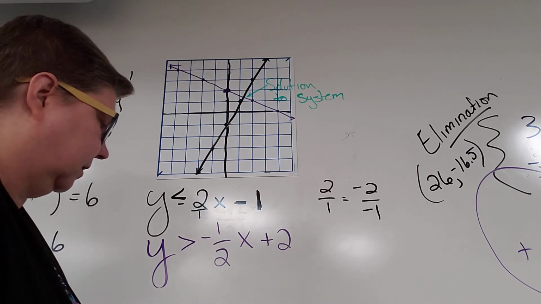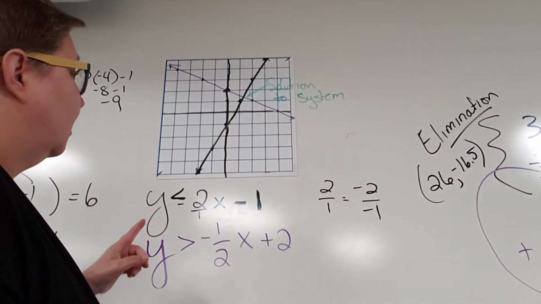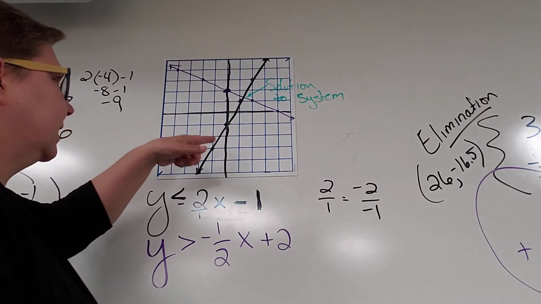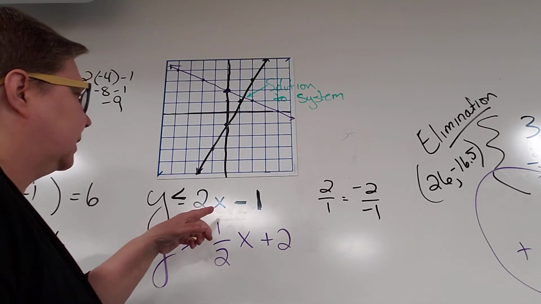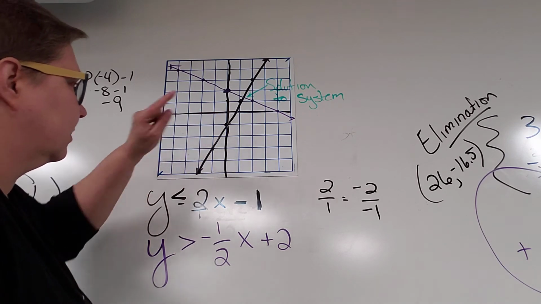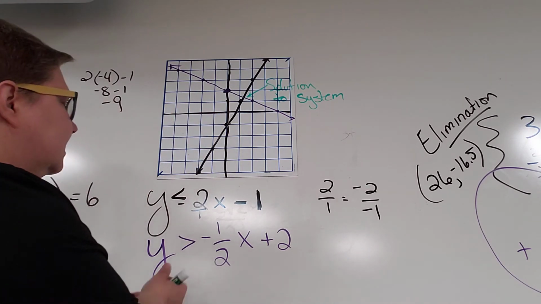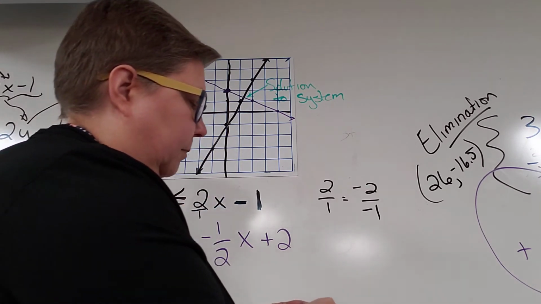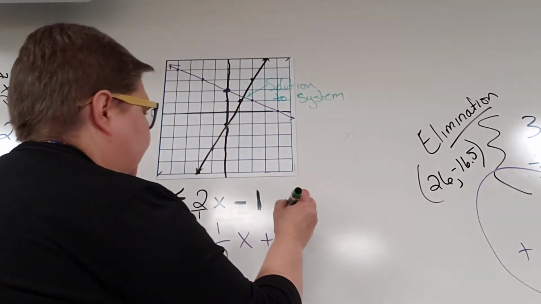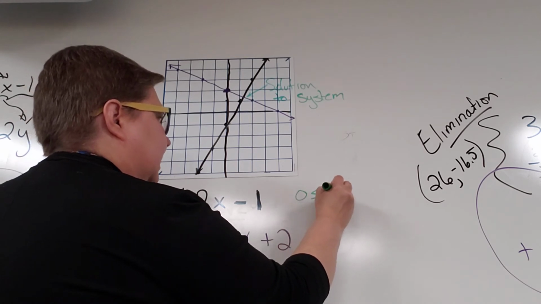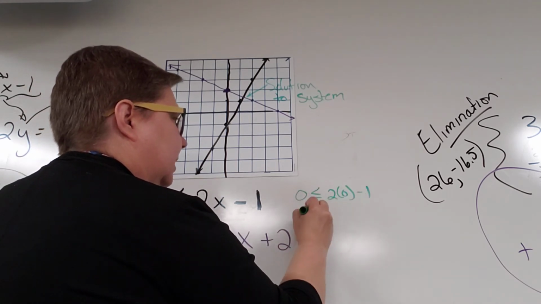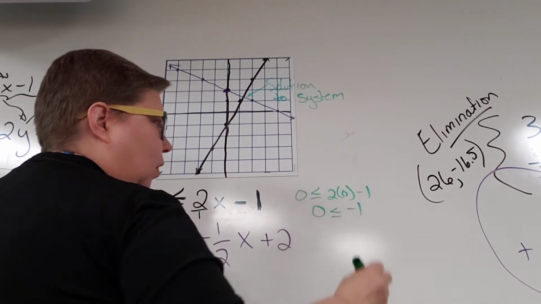So first of all, you would plot the line, which I did up here in black. Then I would pick a point not on the line, like 0, 0, and plug it in. I get 0 is less than or equal to 2 times 0 minus 1, so 0 is less than or equal to negative 1.